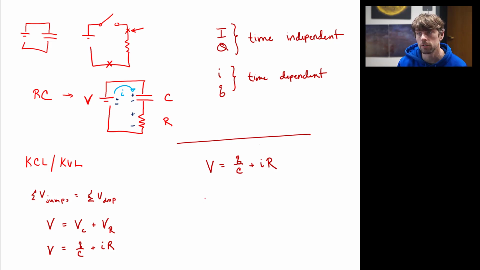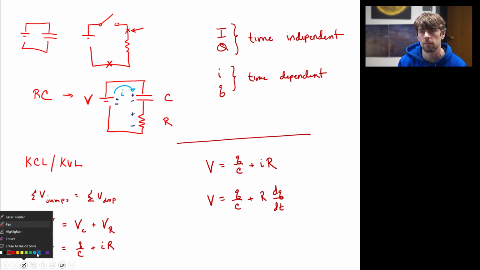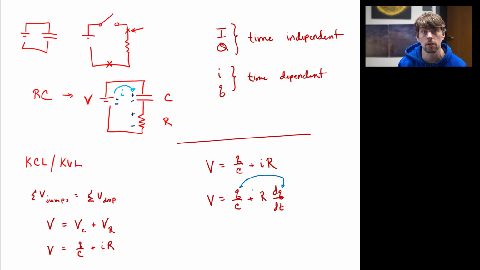In other words, we could rewrite this as V equals Q over C plus R times the time derivative of the charge, noticing that the Q that I've written for the capacitor is the same Q that's involved right here in the current.